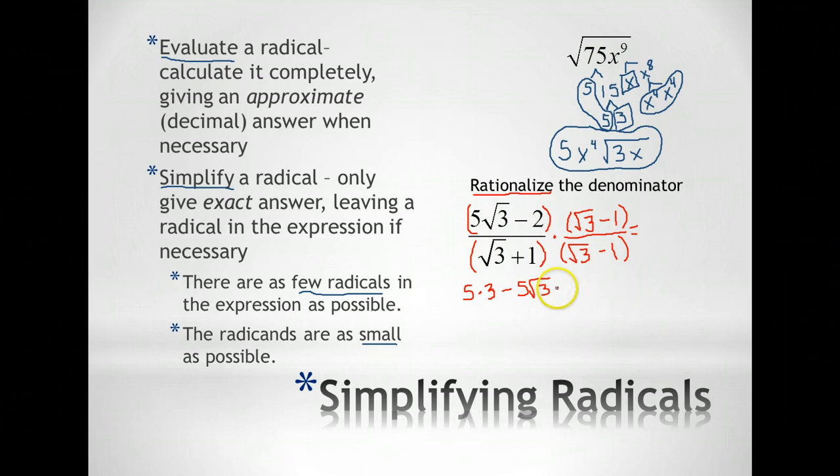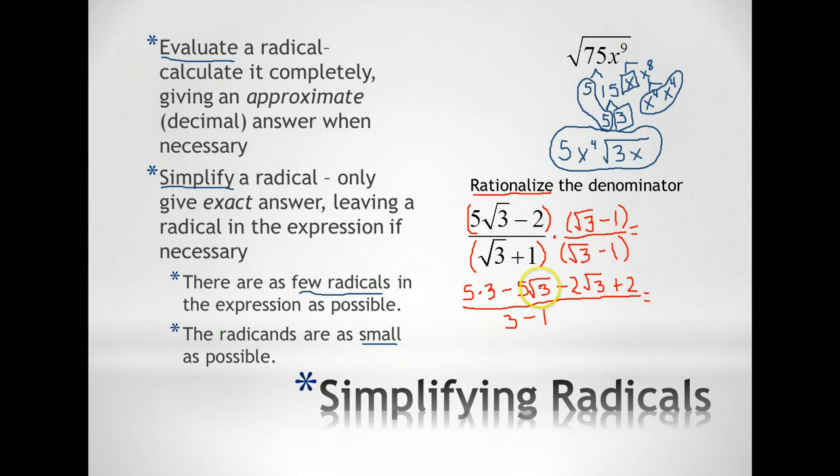Multiply the insides together, I get minus 2 square root of 3. And I multiply the last terms together, I get 2. That's my numerator. My denominator is a difference of squares. I take the first terms multiplied together, and that ends up squaring them. The square of the square root of 3 is 3, and so the denominator is 3 minus 1.